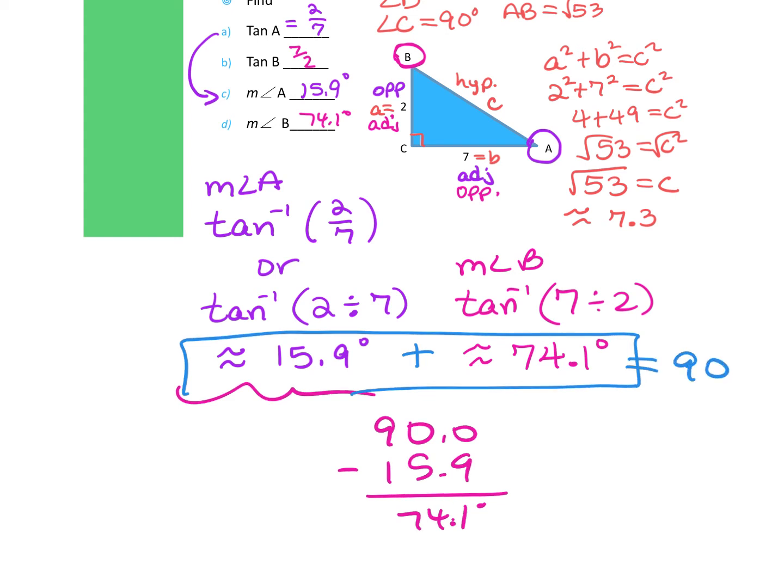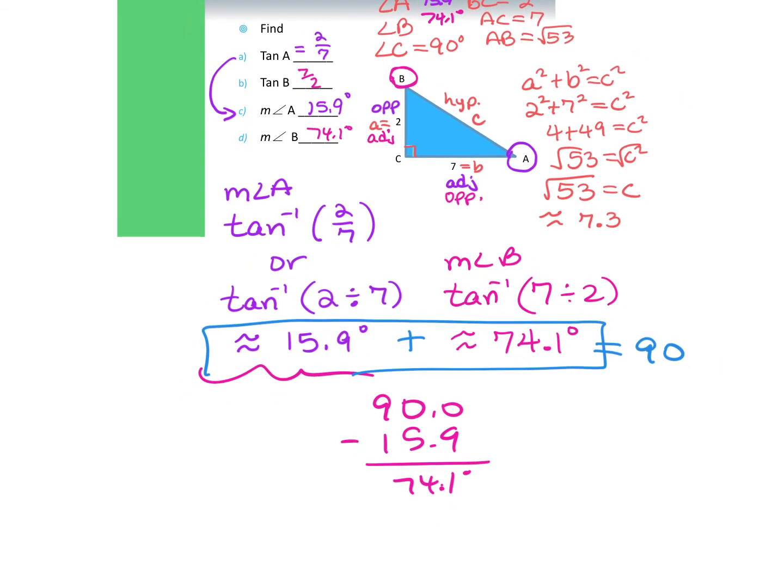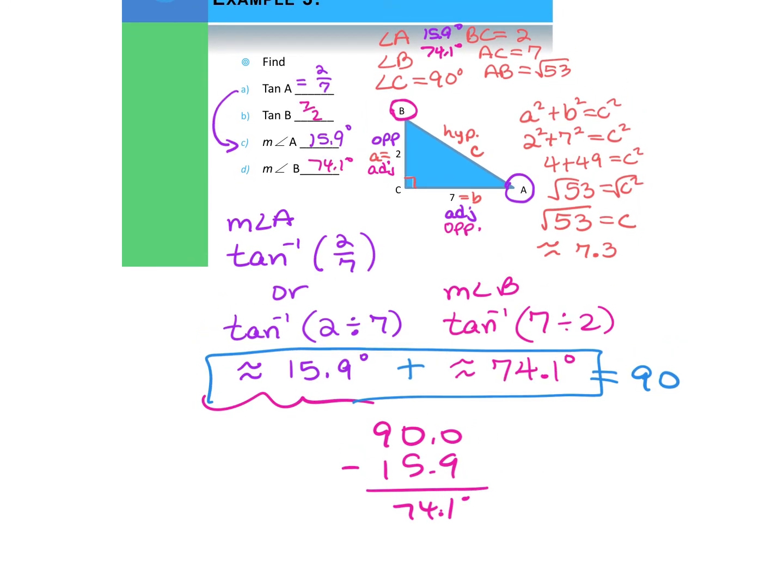If they don't, you've done something wrong. Also realize that these are acute angles. If you get something bigger than 90 for those two, that's another clue that you've done something wrong. If it said instead to round to the nearest degree, then this would be 16 degrees and this would be 74. So just read how they want you to leave the answers. The big idea is once to the tenths place.